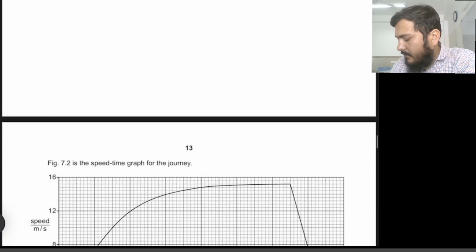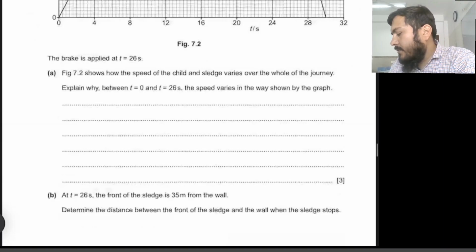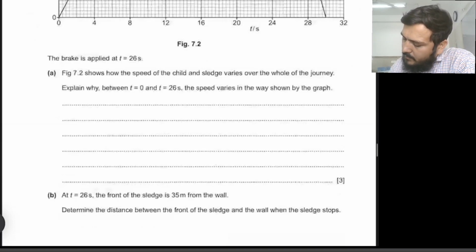As a result, air resistance increases, becoming equal to the forward force or driving force or accelerating force. You can write any of these terms, and hence a constant speed, this is the terminal velocity, is reached.